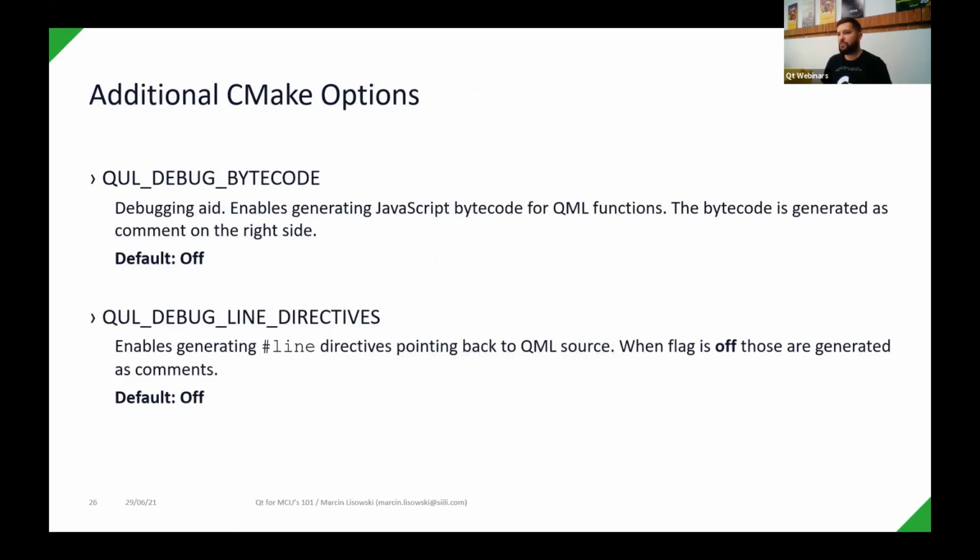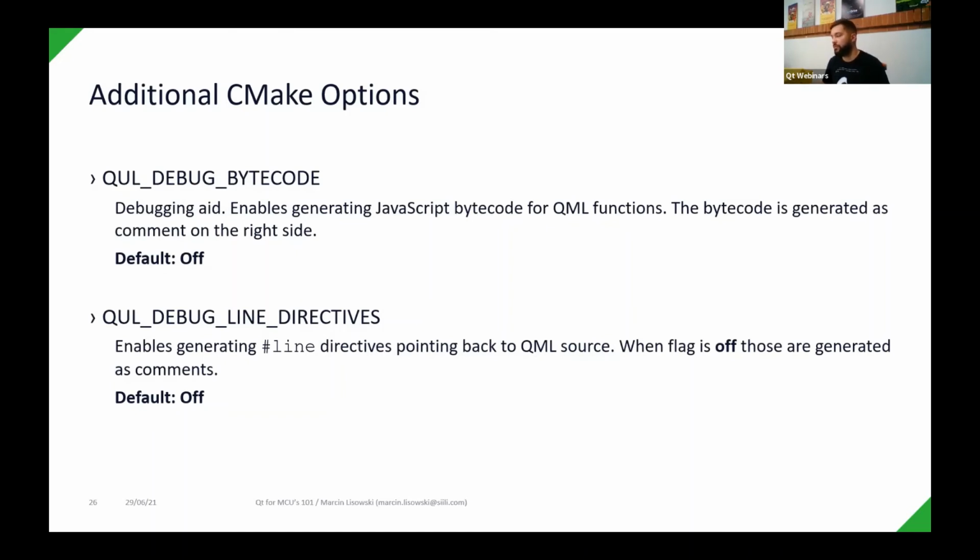There are some additional CMake options for debugging, so you can enable bytecode debugging by enabling the Qt debug bytecode. It will generate the JavaScript bytecode for the QML functions as a comment on the right side of the code. Also, there is Qt debug line directives, and if you enable that one, it will generate line directives which will point back to the QML source.